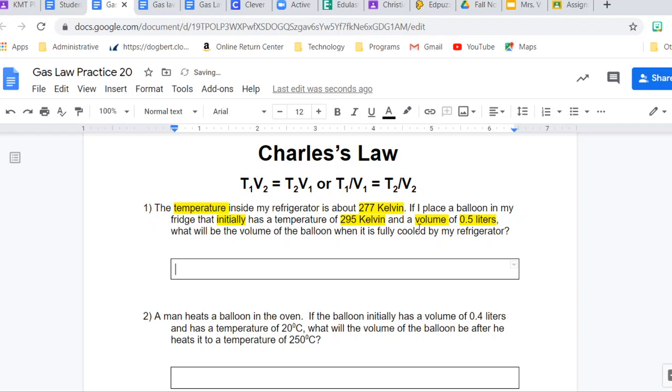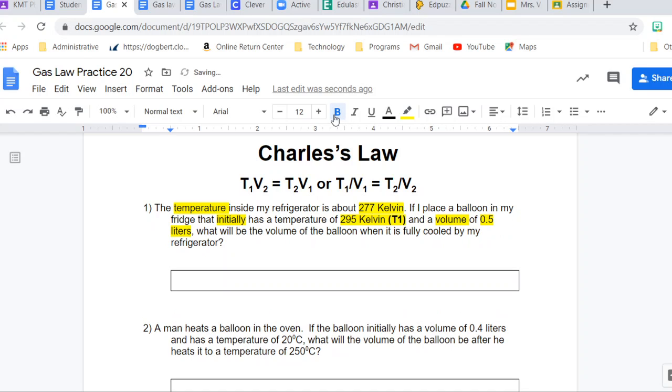So I have to decide which one is temperature 1. Well, it says initially. So this one will probably have to be, I'll put them in bold so you guys can see, temperature 1. Okay. So then that means this one, because it's my only other temperature there, has to be temperature 2.